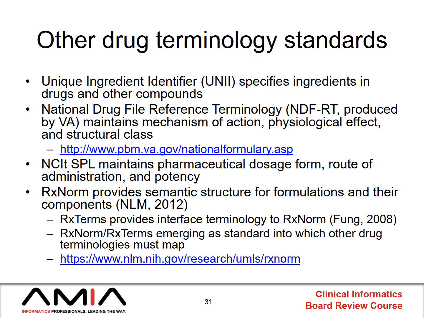And then RxNorm attempts to provide a semantic structure for formulations of drugs and their components. There's then an RxTerms system that provides the interface terminology to RxNorm, and the combination of RxNorm and RxTerms now is emerging as a standard into which other drug terminologies must map.